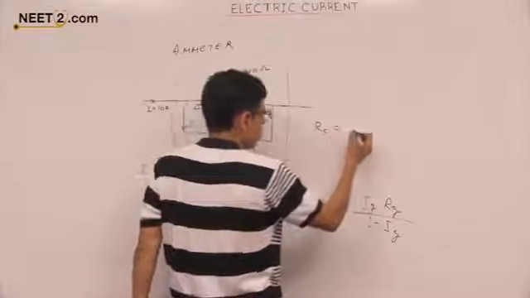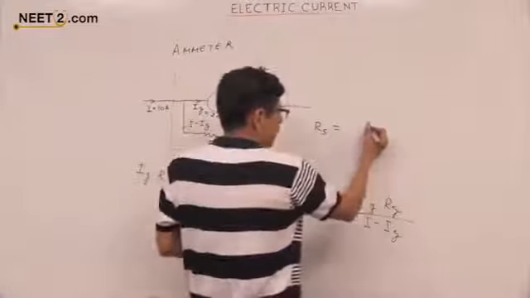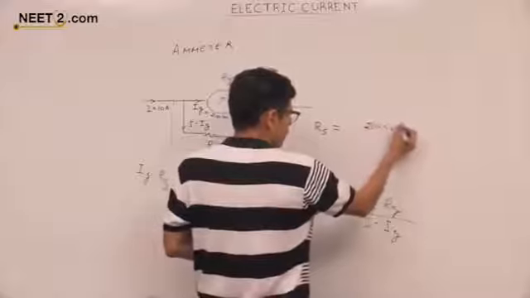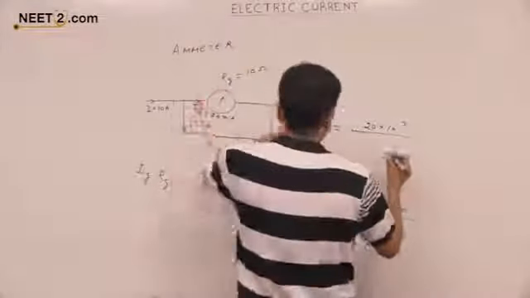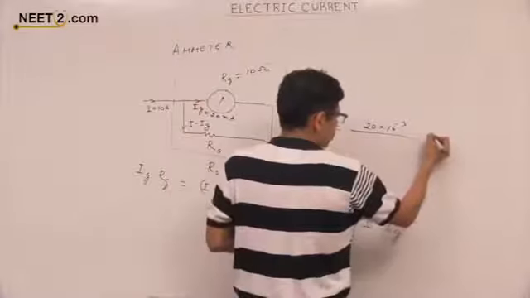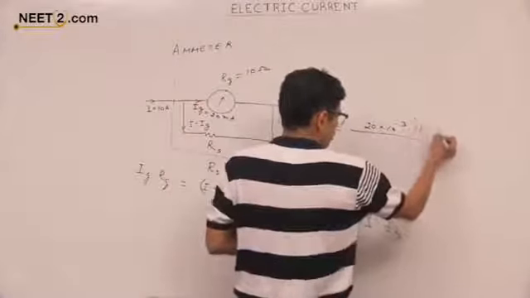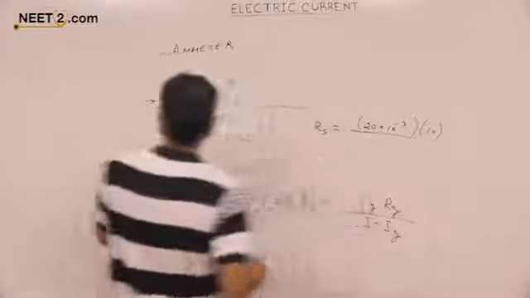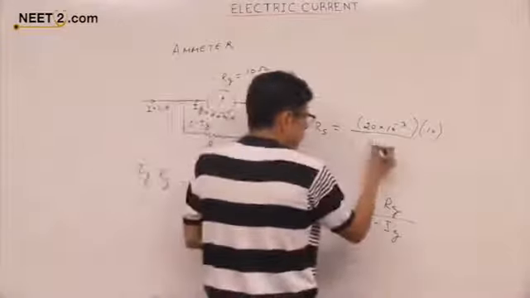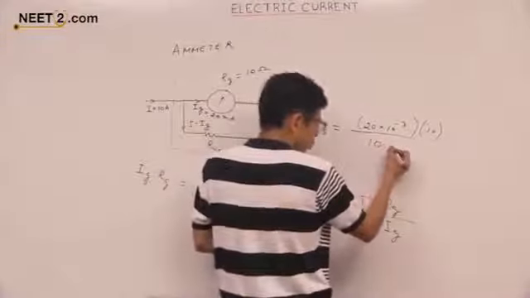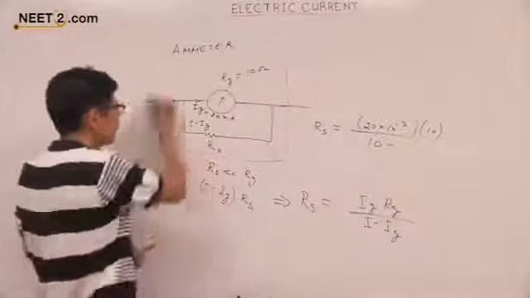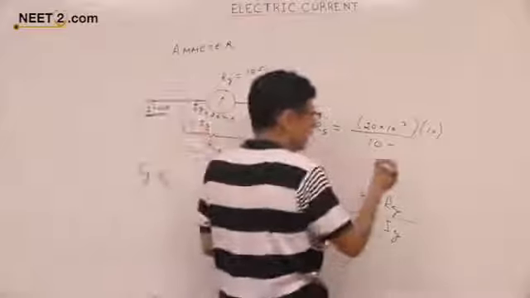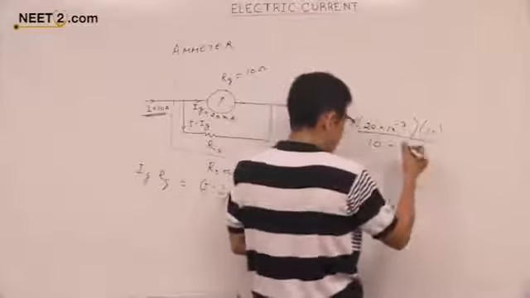Rs is equal to Ig, which is 20 milliamperes, 20 into 10 to the power minus 3. Rg is given to us as 10 ohms. So this into 10. I is 10 amperes, the maximum current that will ever go through, the design current for which the ammeter is to be designed, the range on which it will work.